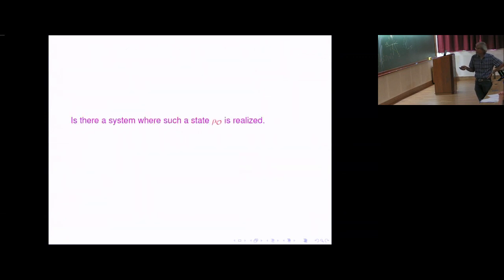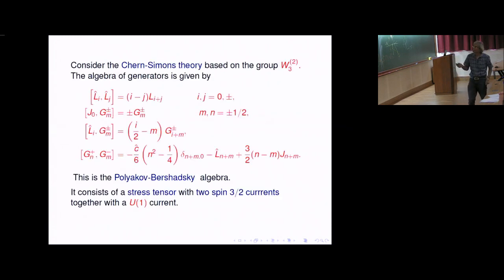And is there a system such that this particular state is realized? In fact, there is one. If you consider Chern-Simons theory with this particular group, this is a weird group. It was studied earlier by Polyakov and Bershadsky, and it's essentially a Virasoro algebra. It's almost like an N=2 algebra, but it's bosonic.